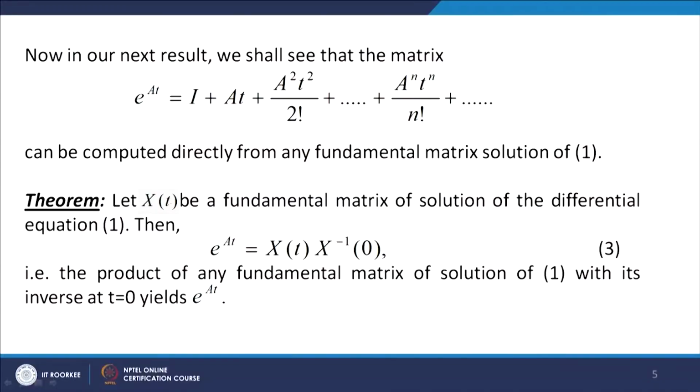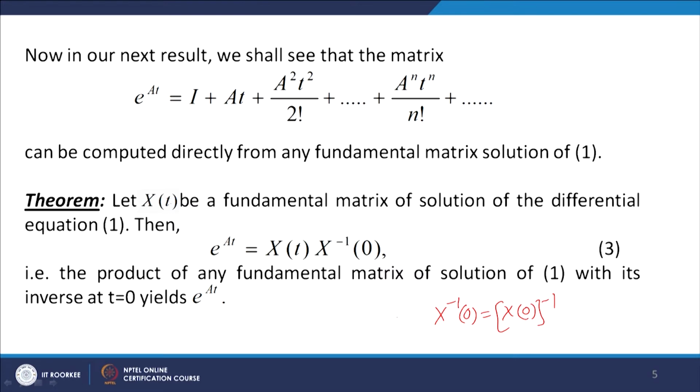The theorem is like this: let X(t) be a fundamental matrix solution of the differential equation 1, then e to the power At is X(t) into X(0) whole inverse. X inverse 0 is what I mean to say, the matrix X(0) inverse.